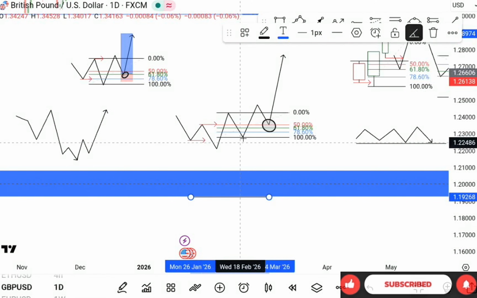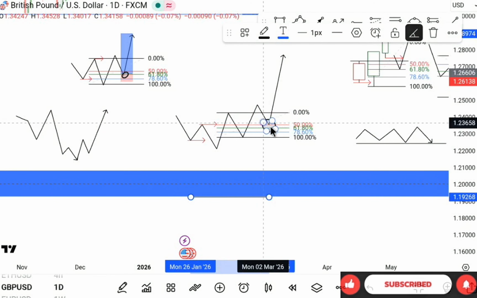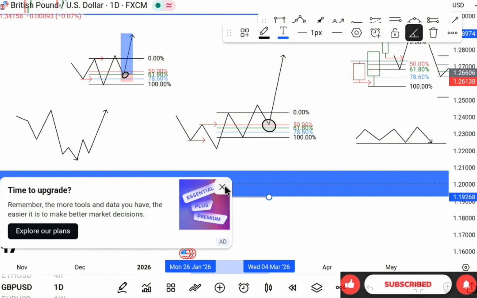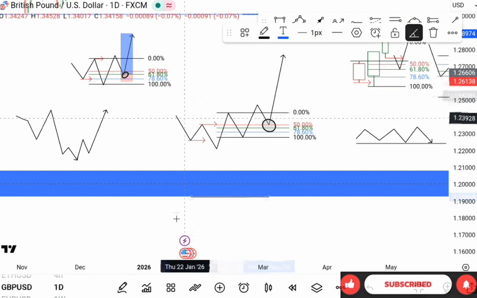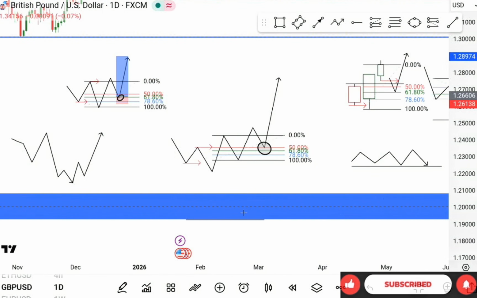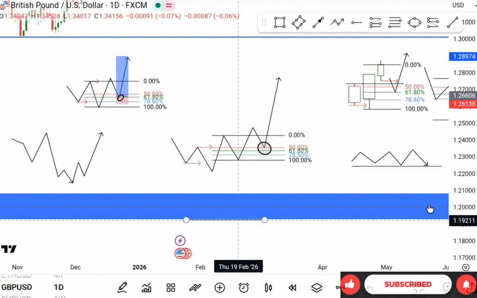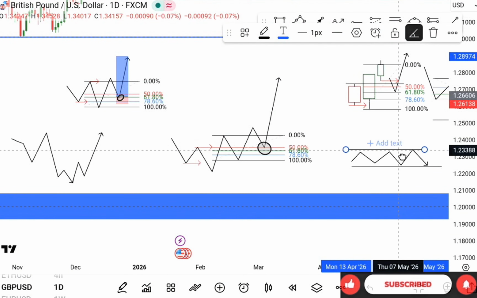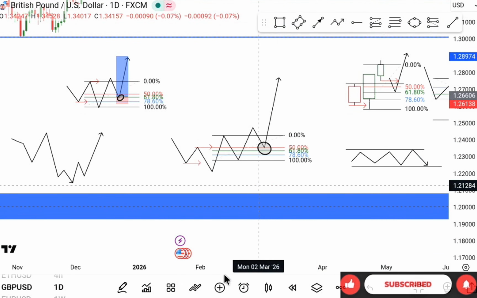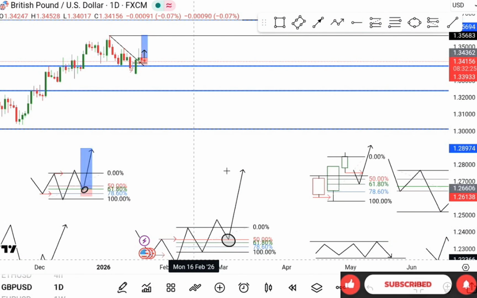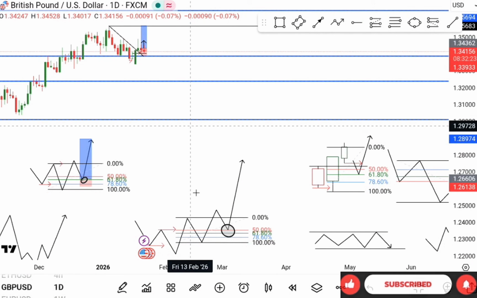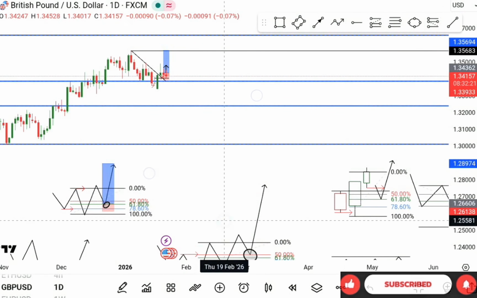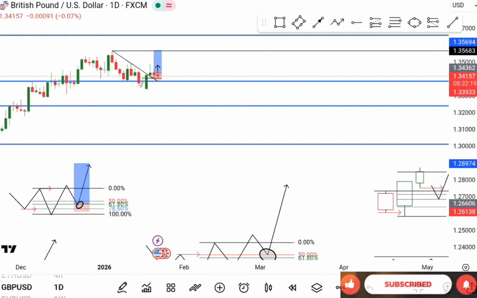After that, calculate from where the consolidation started to where the consolidation ended. Keep your Fibonacci 50%, 60% retracement zone, buy or sell. So that is it. I've literally given you this road map to the market.